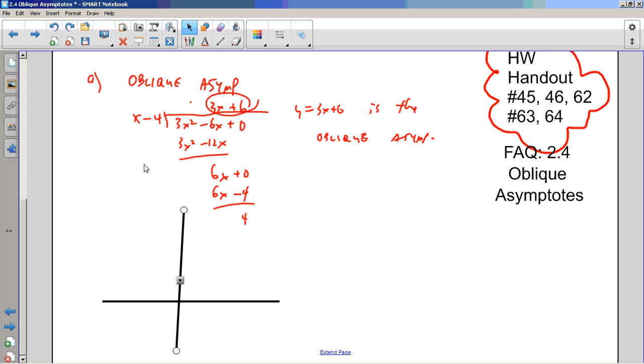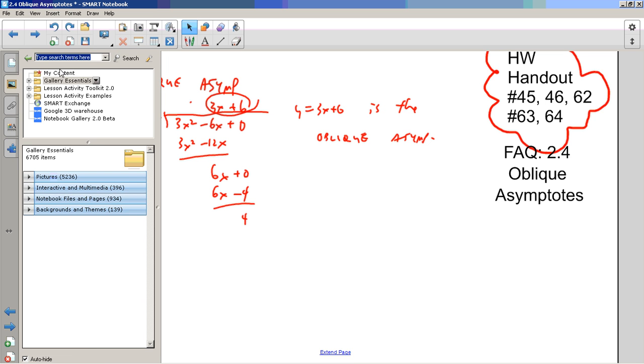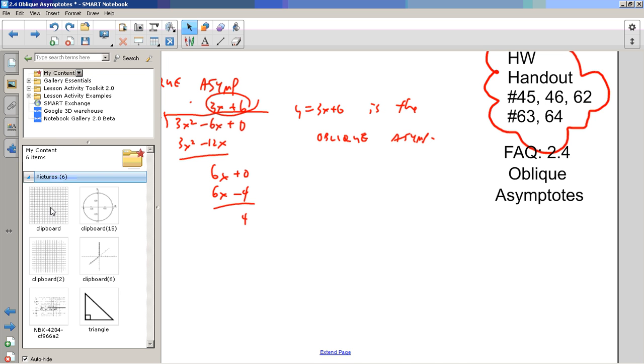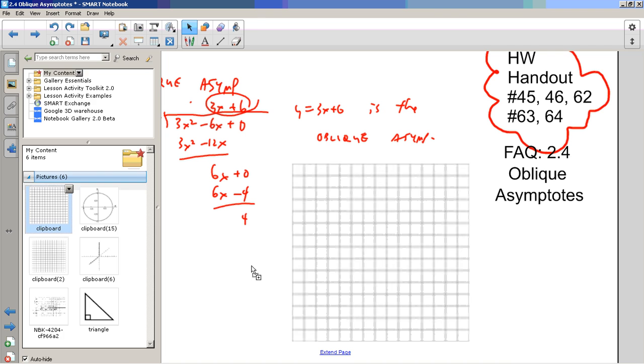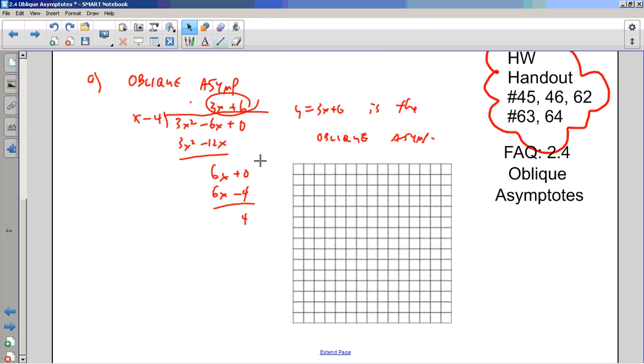All right, I've got to get rid of this first, I suppose. Get rid of that set of axes, and I'm going to put a grid on here. Notice even this is going to be tough because the scale is so big.